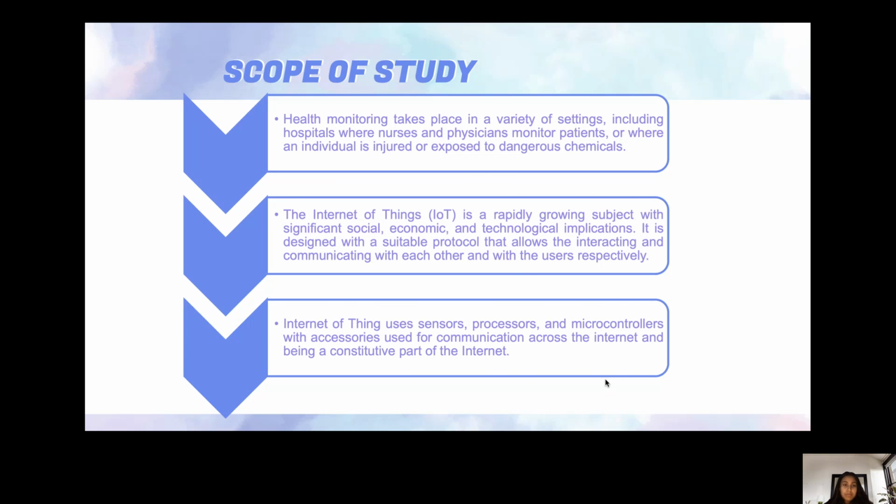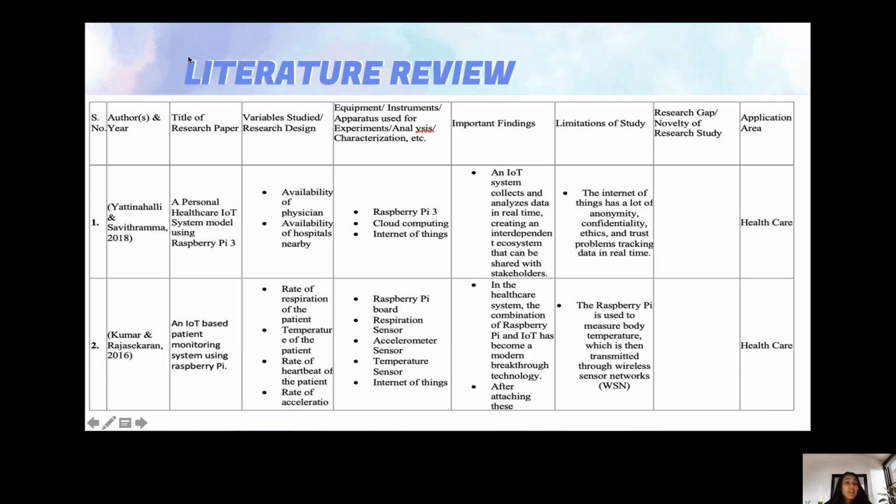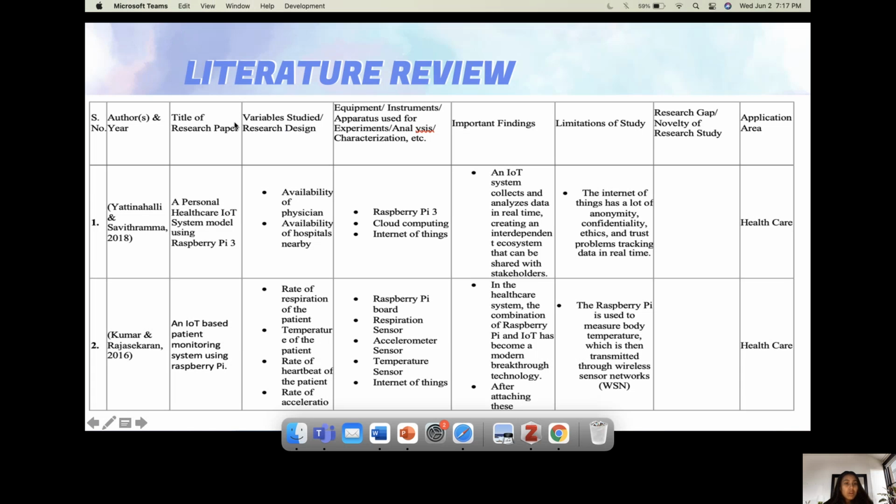of the internet. So this is my literature review, where I have given 5 literature reviews, each giving a brief description of the author, title of the paper, variable design, equipment, important findings, limitation of study, research gap, and application area, where the application area is all healthcare.